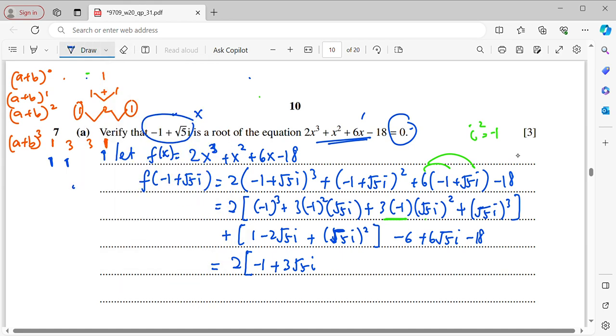So now I will just write this is minus 15 i squared. And then the next term is cube of square root 5i. Then you will be getting plus 5 square root 5i cube. Okay, so then the next one is going to be 1 minus 2 square root 5i. Then square of square root 5 is 5, then i squared. And then minus 6 and minus 18, these two can be simplified into minus 24.